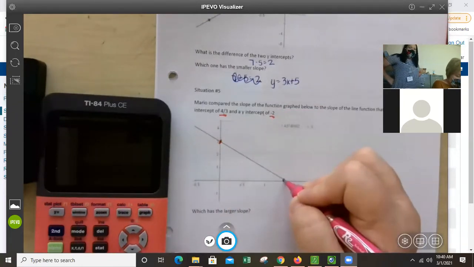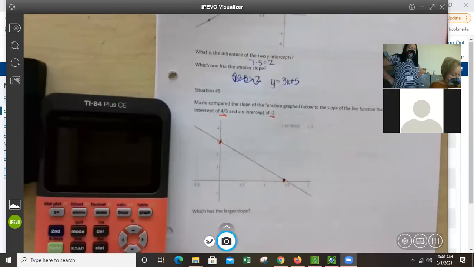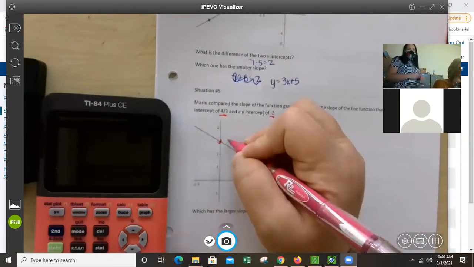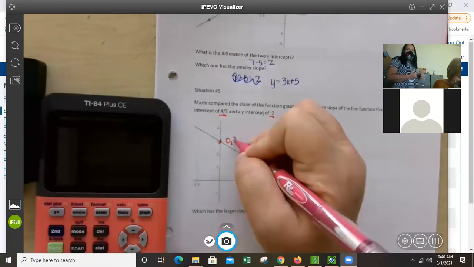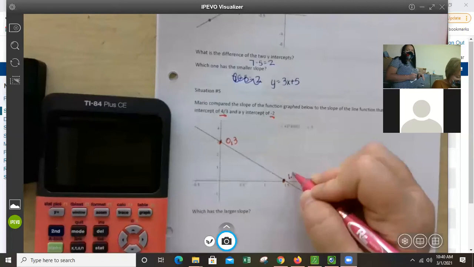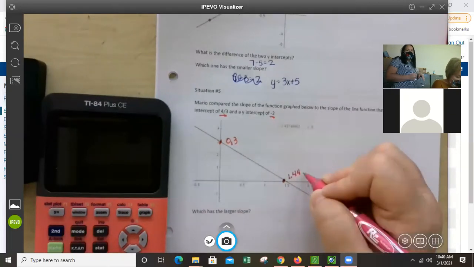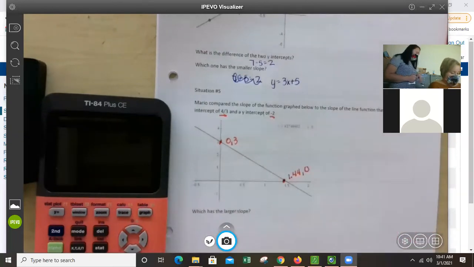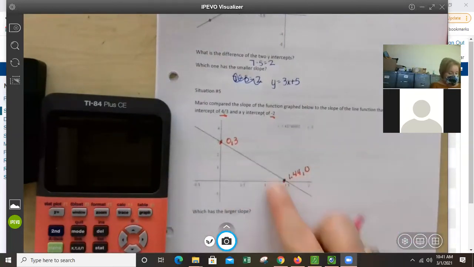All right, guys, so we have to find the slope. This is 0, 3, and this is 1.44, 0. Okay, so how do we find the slope of this right here? Do y'all remember?